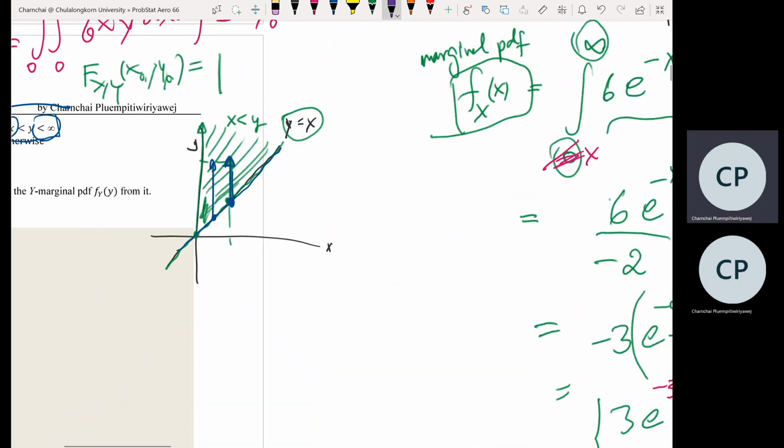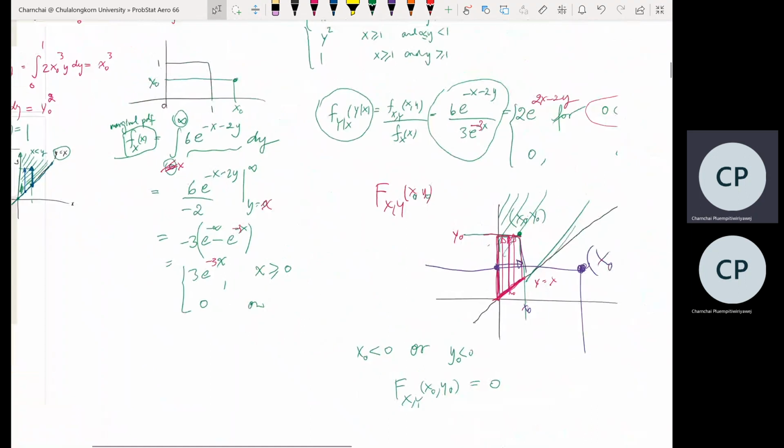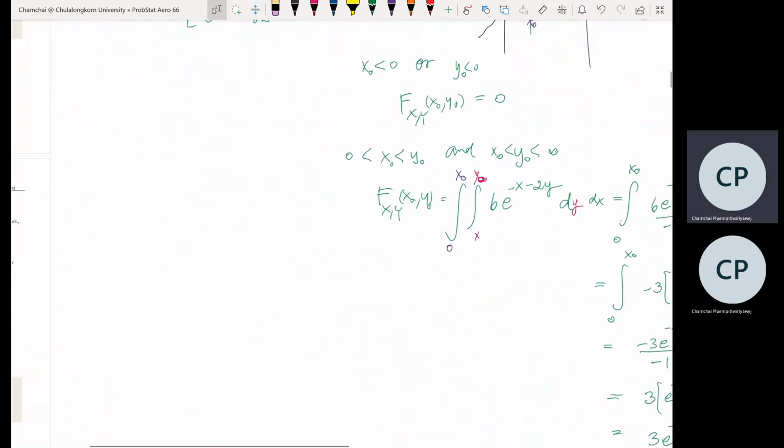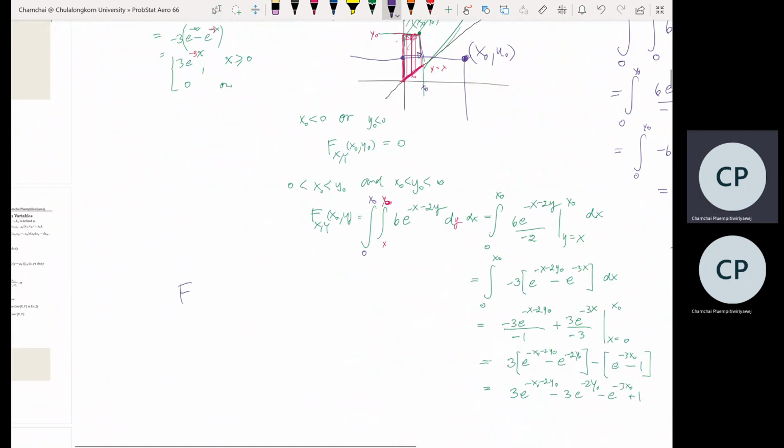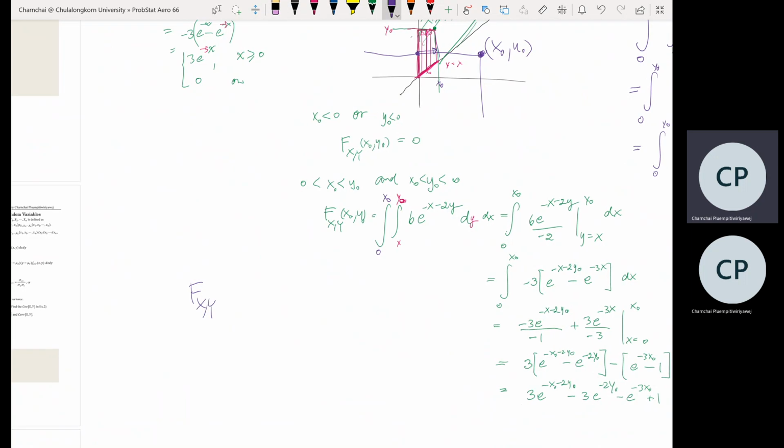Okay, how do we find the y marginal? In this case we have the joint CDF, F of x, y.